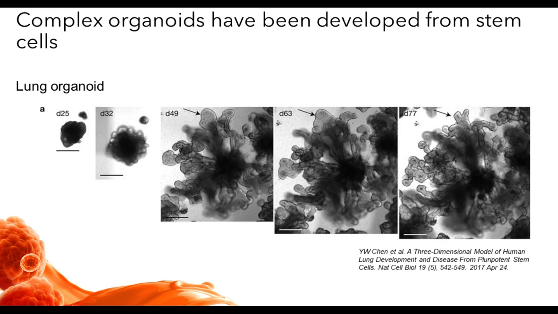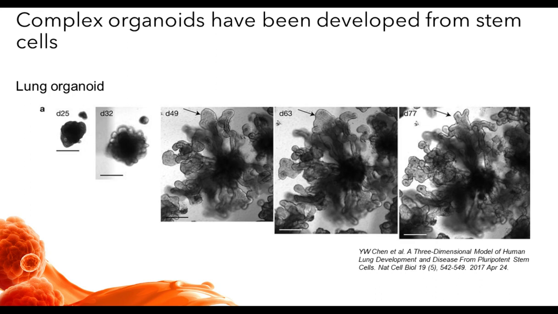Other cell lines that have been developed from stem cells to make complex organoids include this illustration here with lung organoids. Here the group was using cells to mimic the lung. They could produce definitive mesoderm and pulmonary endoderm, and eventually they could produce branching airways and alveoli.